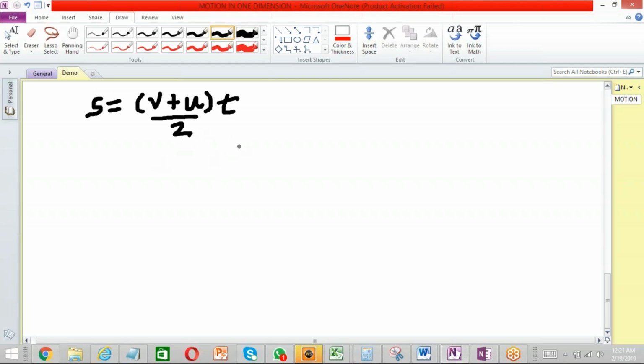Now, as per the first equation of motion, we have seen that v equals u plus at. So if we define the time, we can say that it should be v minus u upon a.